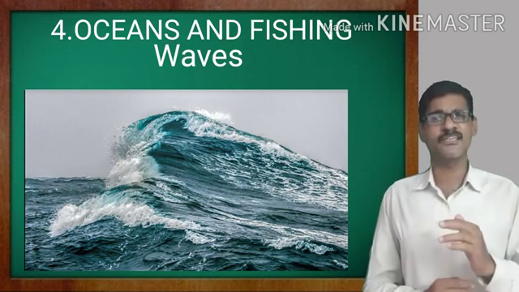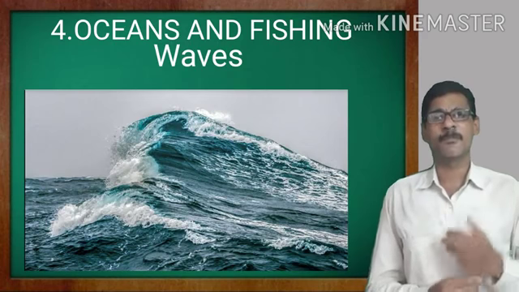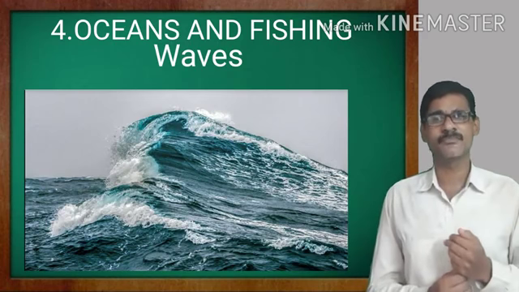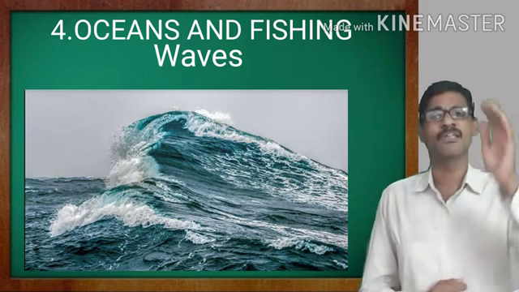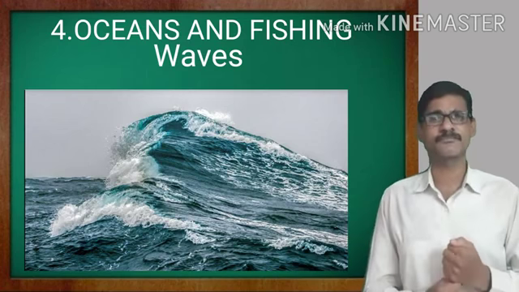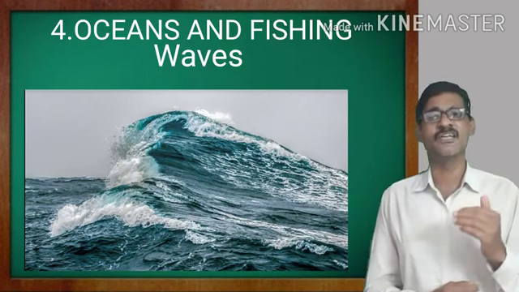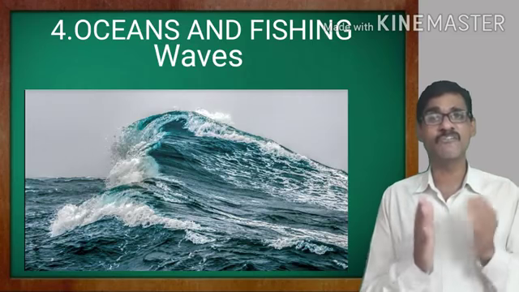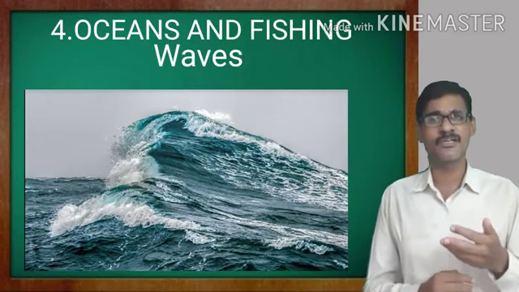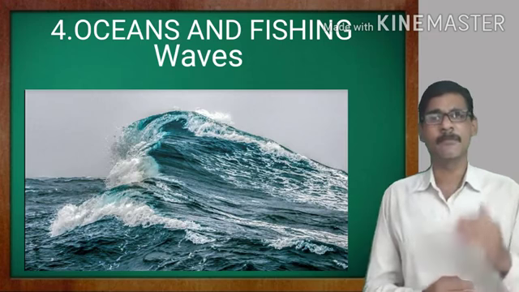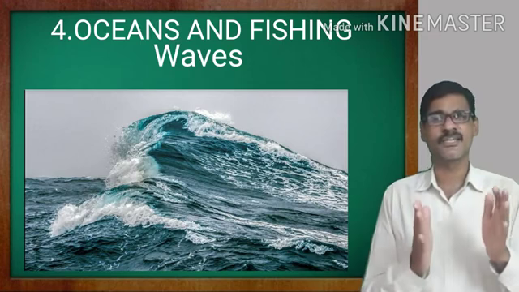We can see in small ponds also sometimes small waves form on the surface of the water. In the same way, the rise and fall of the water surface is formed due to wind force. When the force of the wind is more, it will create bigger waves. So these are the waves.